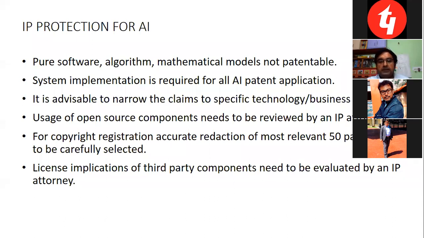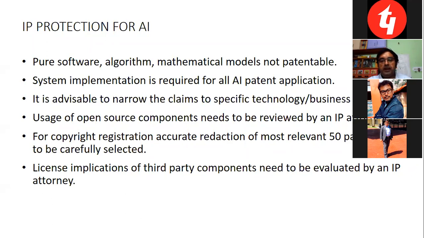The next requirement is copyright registration of source code for the artificial intelligence domain specifically. Under the copyright law of the US, and also in India and other parts of the world, you have to submit 50 pages of the code for getting a copyright registration. You do not need to submit the full code. You have to submit 50 pages: the first 25 and last 25, or the best representative 50 pages of your software product.